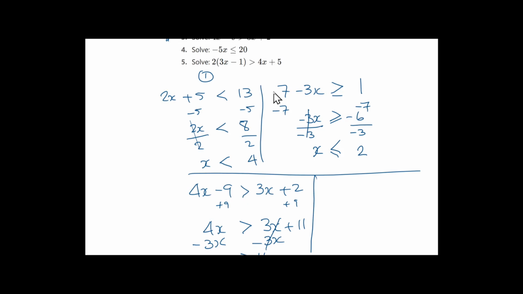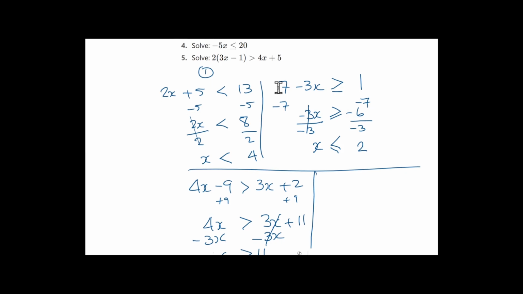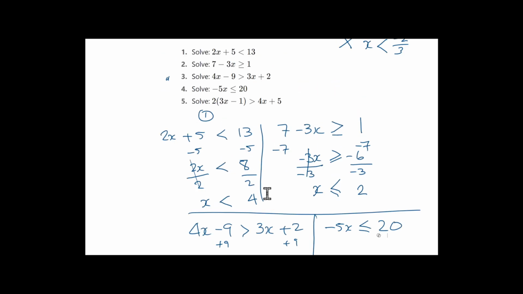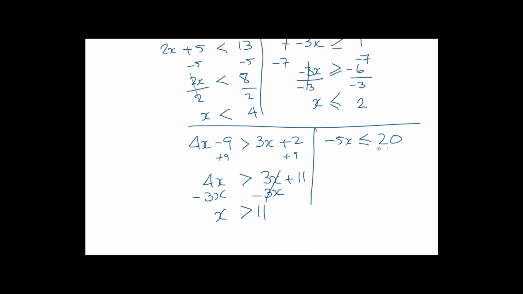All right, next question. Minus 5x is less than or equal to 20. So now we've got a little bit of a problem because we want to divide both sides by -5.